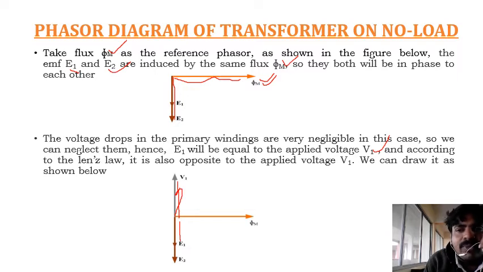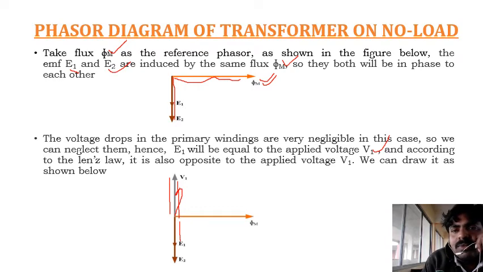The negligible voltage drop is neglected here, so E1 equals the applied voltage, but according to Lenz's law the directions are opposite, and V1 can be drawn here.